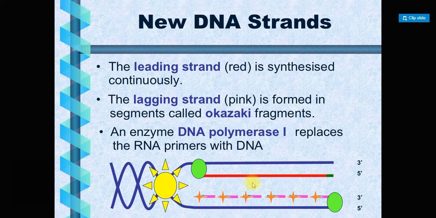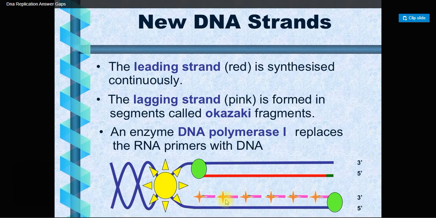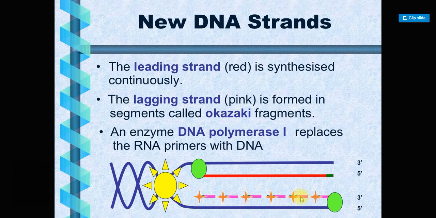And on the other side, you can see in this pink segment, which is known as an Okazaki fragment. This discontinuous replication takes place in the lagging strand, and these fragments are then joined by the enzyme known as ligase. The fragments of newly synthesized DNA along the lagging strand are called Okazaki fragments, named after their discoverer, the biologist Reiji Okazaki.